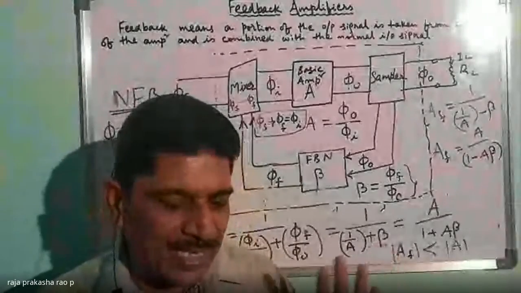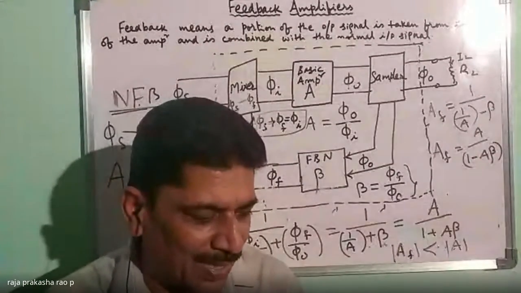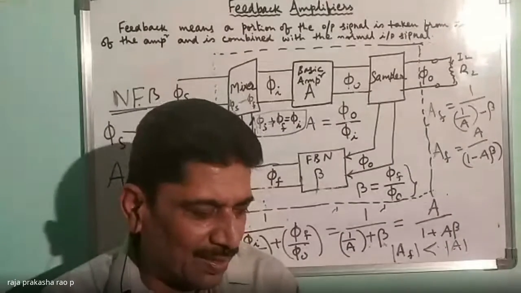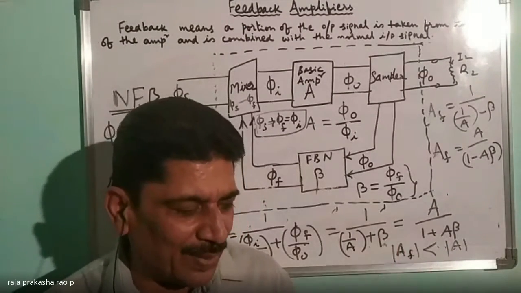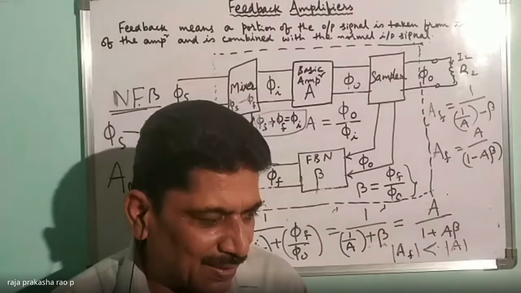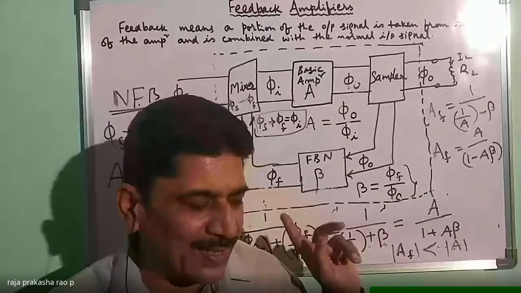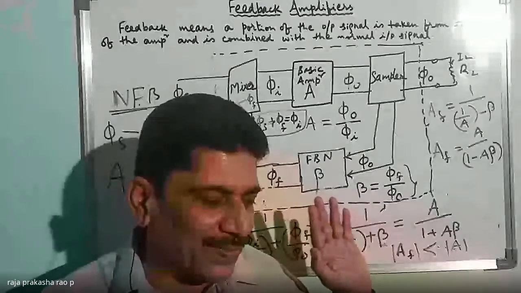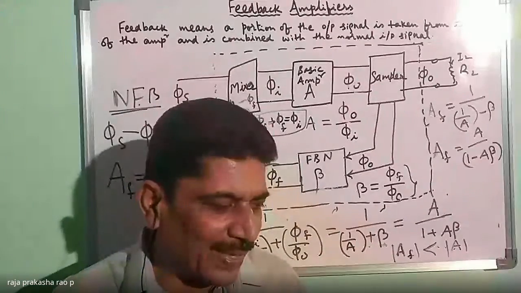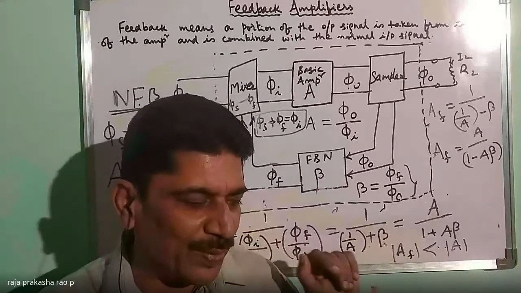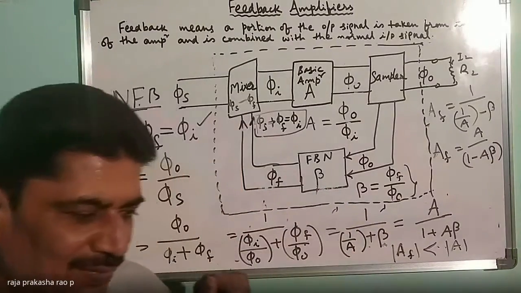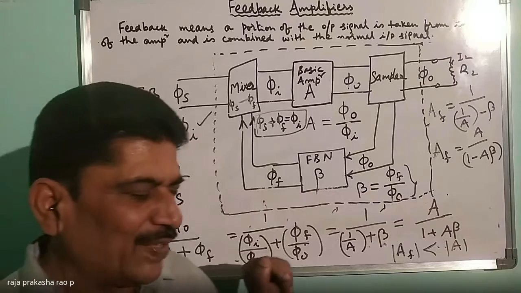ఓవరాల్ ఇప్పుడు అర్థమైందా? What is positive feedback, what is negative feedback, what is loop gain, what is the gain of the amplifier with feedback and without feedback. You tell me, what is gain without feedback? Amplifier gain without feedback. Amplifier gain with feedback.